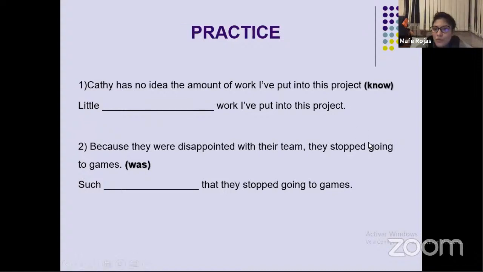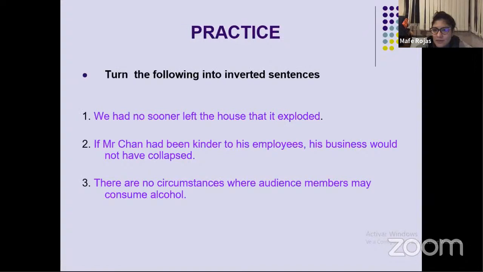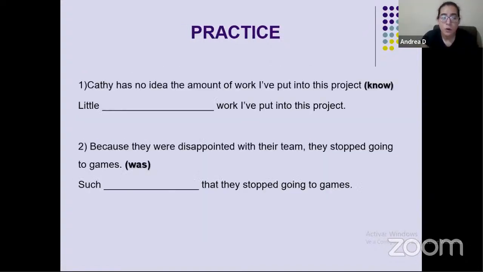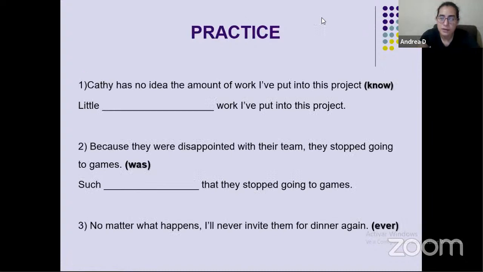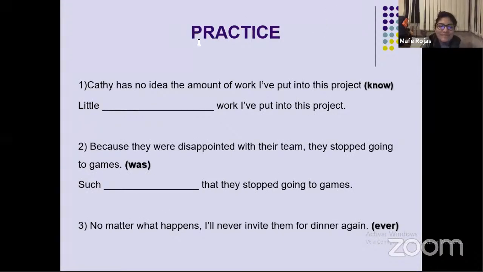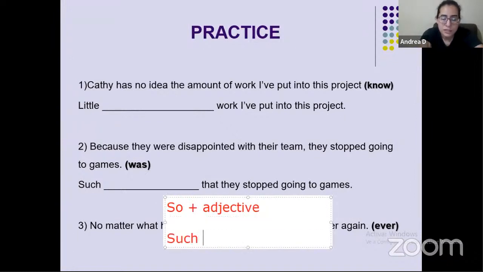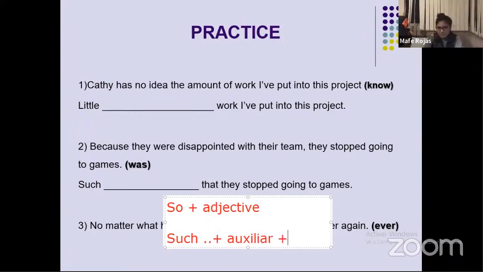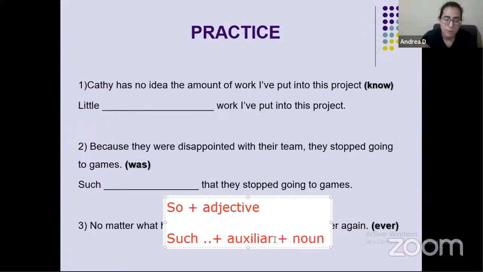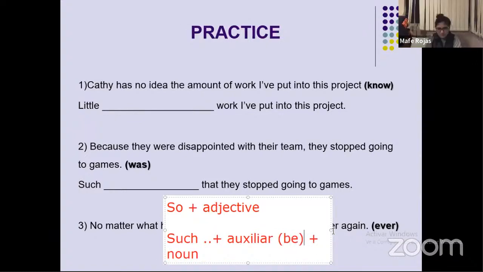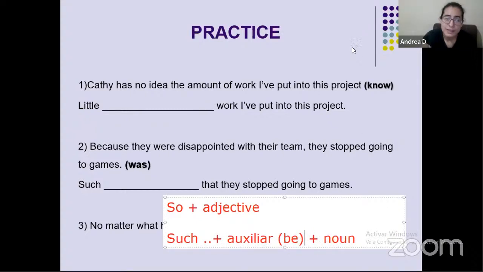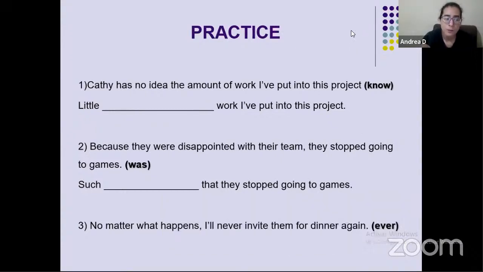But you use so. So could be the same? Yeah, no, but the thing is, so is with adjectives. So adjective, in such with noun, right? With the verb be. So such was his disappointment, or so disappointed was he.